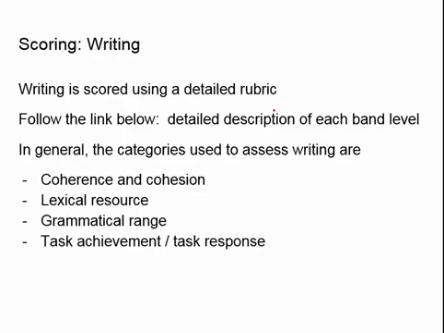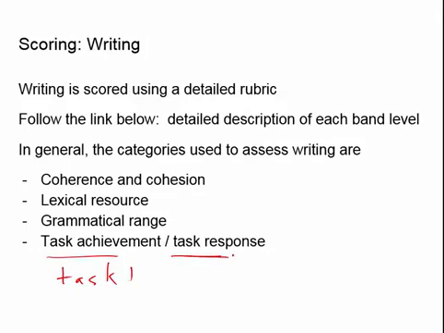Task achievement and task response are a little different. We'll talk about both of these in the writing section in more detail, in your writing lessons, but basically task achievement is for task 1 responses in the writing section, and that just means that you fulfilled all of the requirements for the task. You followed the directions carefully and did everything they wanted you to do.